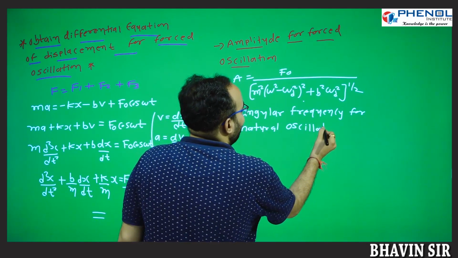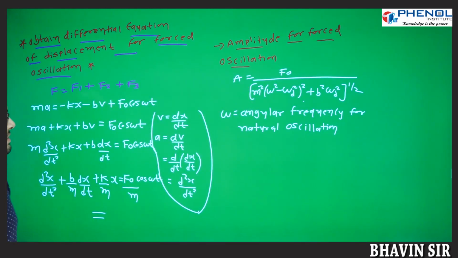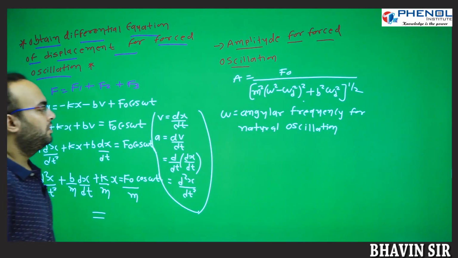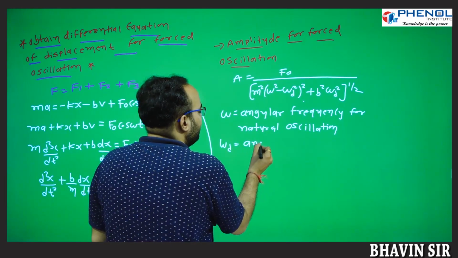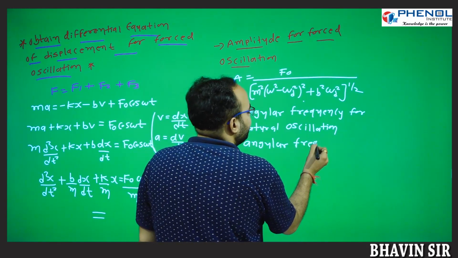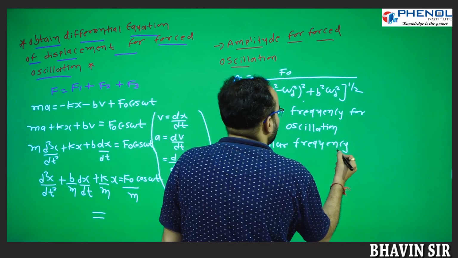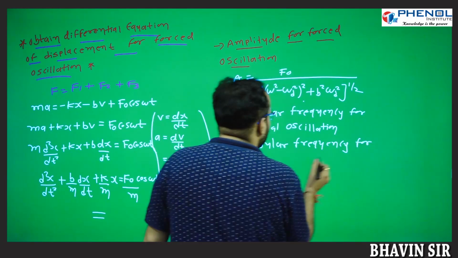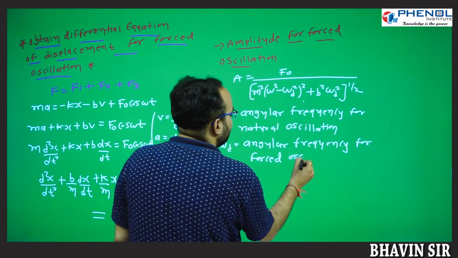What is the meaning of natural oscillation? Oscillation without any external force is known as natural oscillation. Omega d is the angular frequency for forced oscillation.